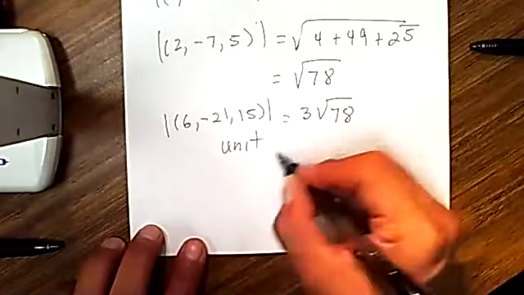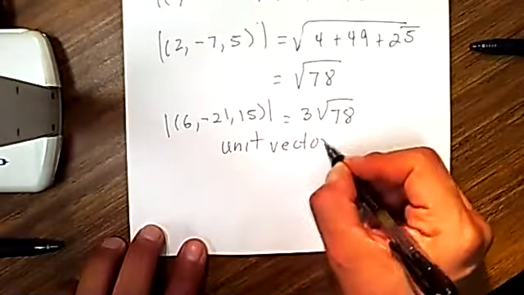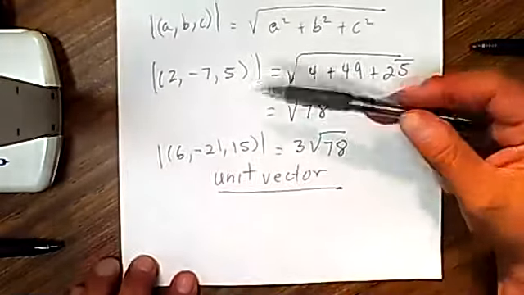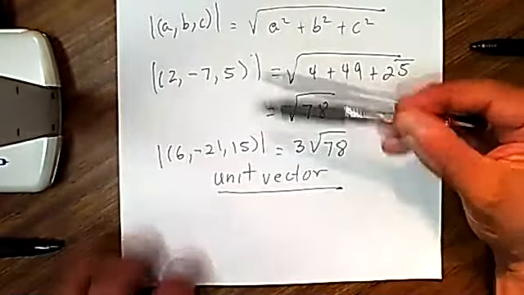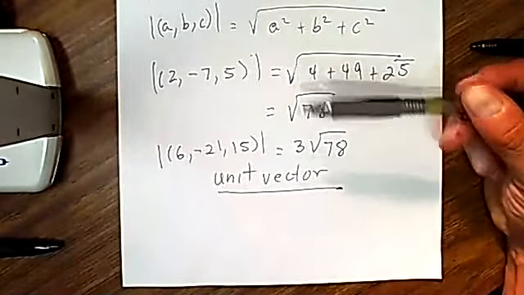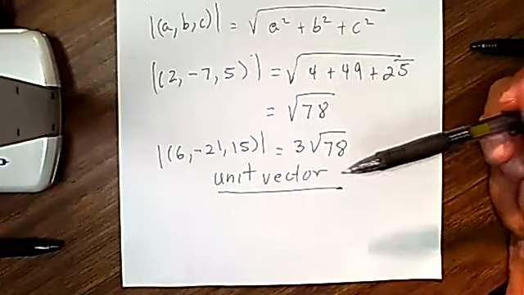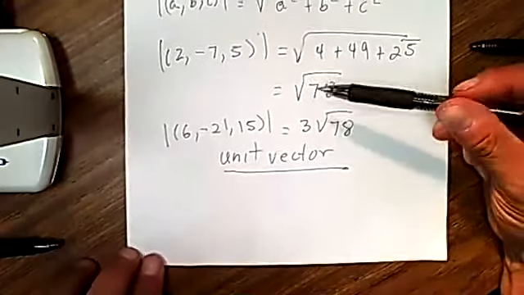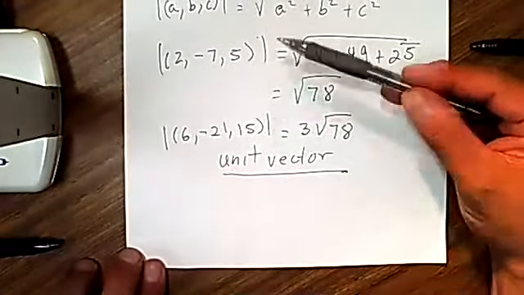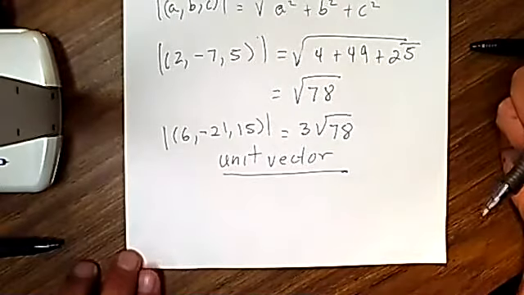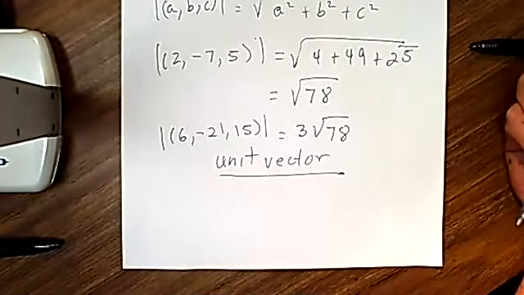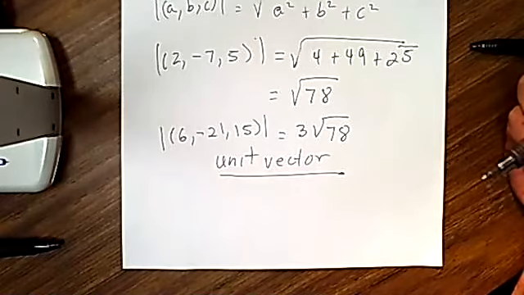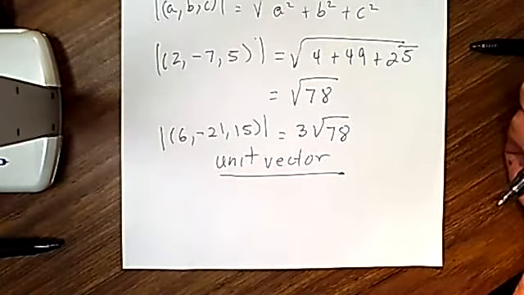So the unit vector associated with those two vectors, it doesn't matter which one you pick, we're going to end up with the same thing. The unit vector is the one with the same direction as those two, but with no magnitude. And by no magnitude, we don't mean 0, we mean 1. A magnitude of 1 that does not change any other magnitudes by multiplication.